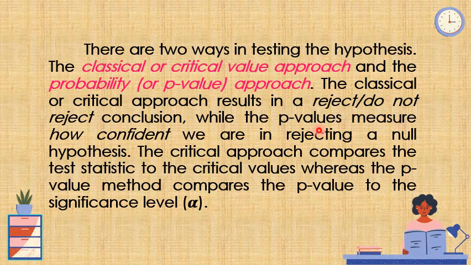While the p-values measure how confident we are in rejecting a null hypothesis. The critical approach compares the test statistic to the critical values. Di ba ganun yung ginawa natin kanina? Where the p-value method compares the p-value to the significance level alpha.